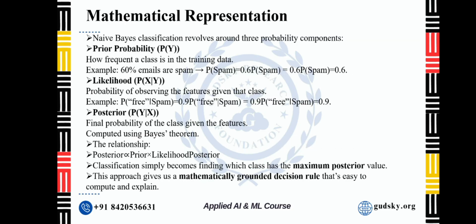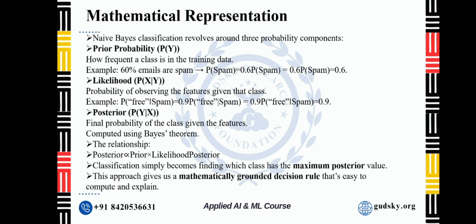And now if we see the mathematical representation, let's summarize the naive Bayes math in a clear and structured way. The classification revolves around three key probabilities. Prior probability P(y): how frequent a class is in the training data. Example, if 60% of all emails are spam, P(spam) equals 0.6.